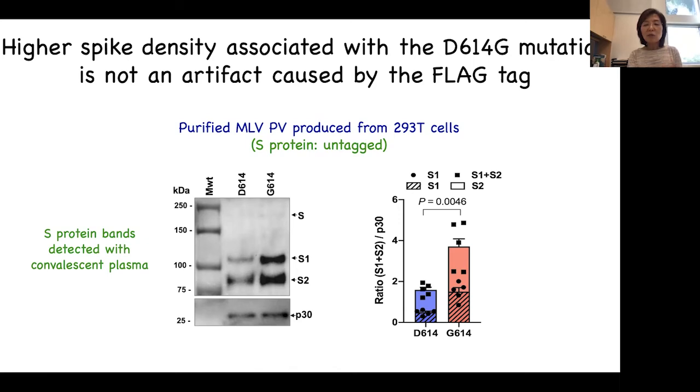I'm talking about the original virus. Anyway, in this case, S protein is untagged, and we detected with this convalescent plasma that recognized both S1 and S2. And this is a purified MLV PV, and we basically got the same result.